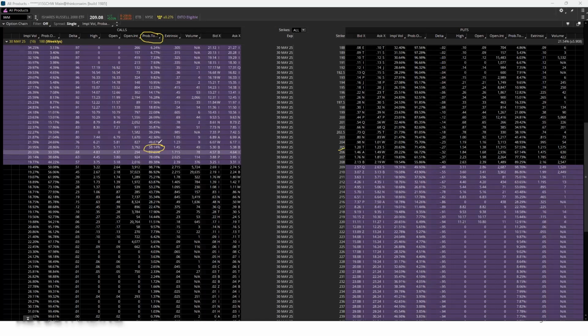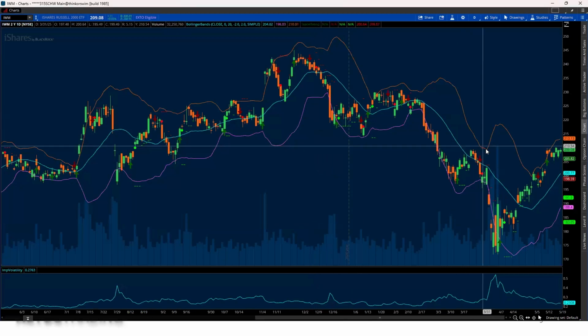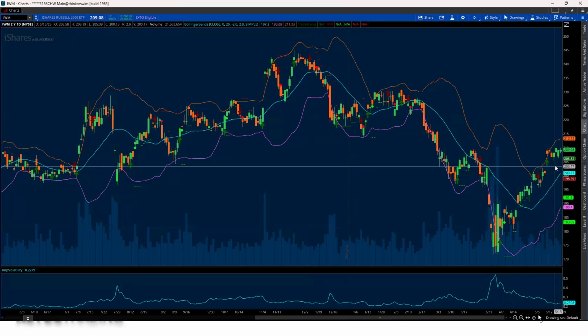And I want to see that certainly be better than a flip of the coin chance, and ideally in the 60 to 70% range. And likely that probability is higher than statistics would indicate because we're also combining technical analysis: the resistance level, the context of the prior parabolic move.